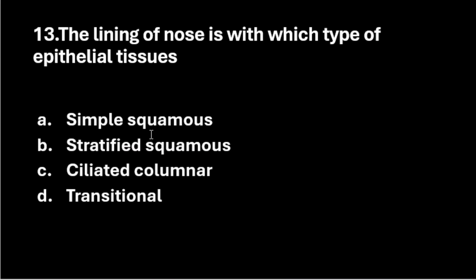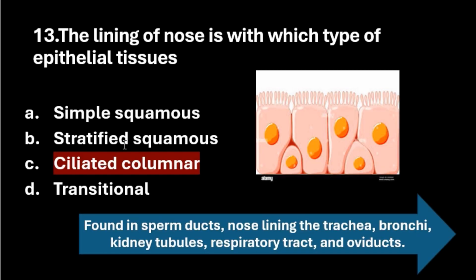The lining of nose is with which type of epithelial tissues? Simple squamous, stratified squamous, ciliated columnar, and transitional. The answer is ciliated columnar.